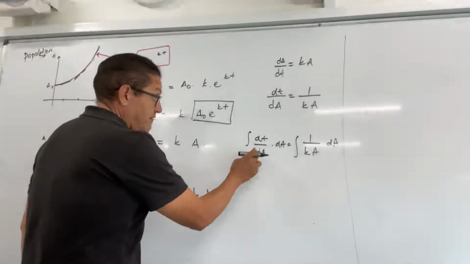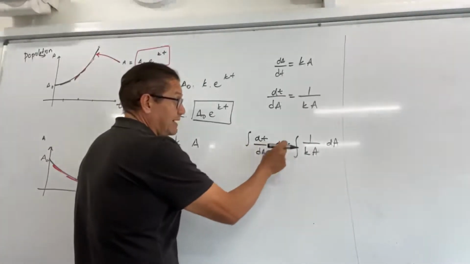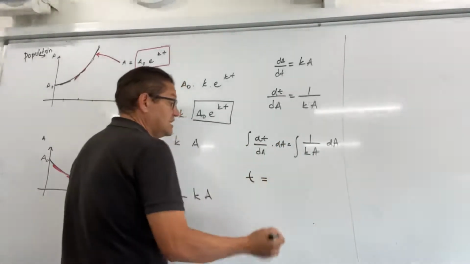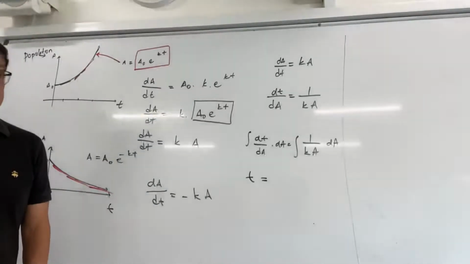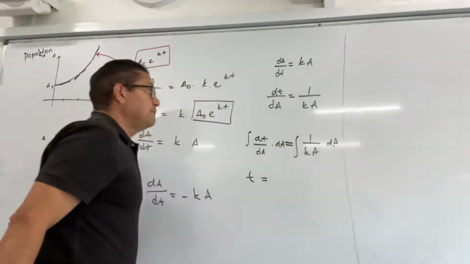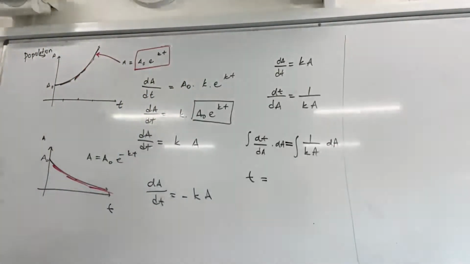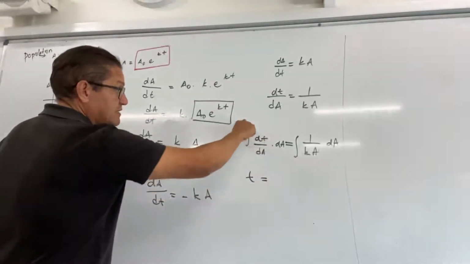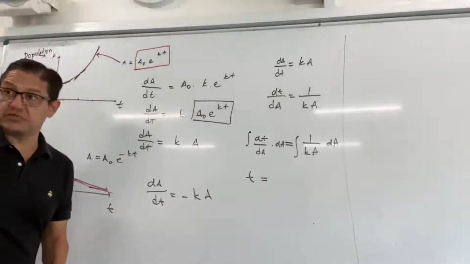Well, integrating t with respect to A, that's just t. Is there an equal sign in the middle? Here. Okay, it's great. It's good work. Because this is just the derivative. If I integrate the derivative, I just get back to my original.